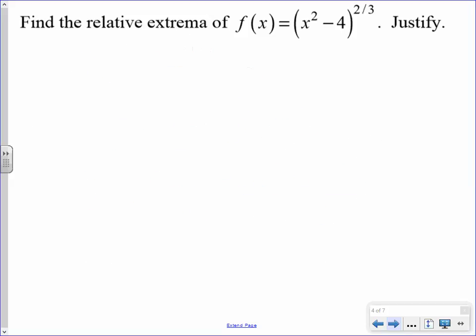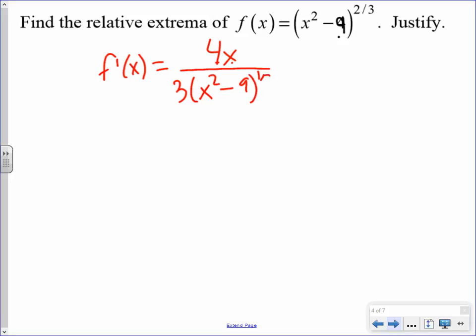It's the exact same thing, except it's just the numbers. Okay, so yesterday we decided our derivative was 2x. Oh, no, it was 4x, right? Yeah. And our critical points were x equals 0, 3, and negative 3.